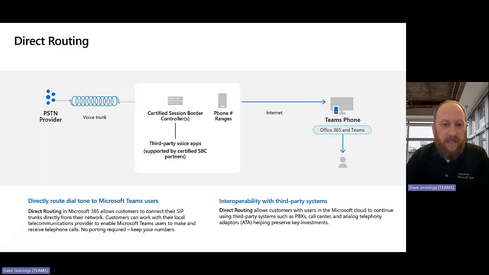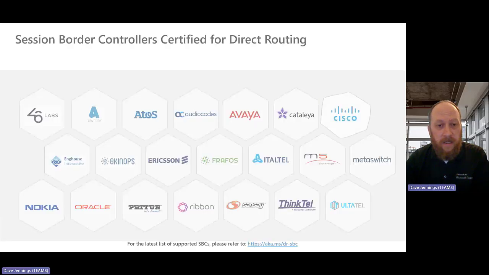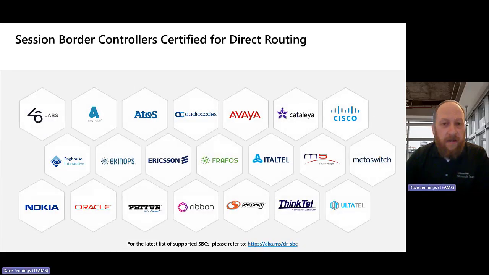And again, the great thing about this is you've got flexibility on how you can architect those designs. There is a core reference as it applies to Teams specifically, but depending on the SBC vendor you deploy with, there will also be additional considerations from their side that you'll need to account for as well. And the great thing about the option through direct routing is we have a number of partners we work very closely with that have certified their solutions, and this list is continuing to grow.